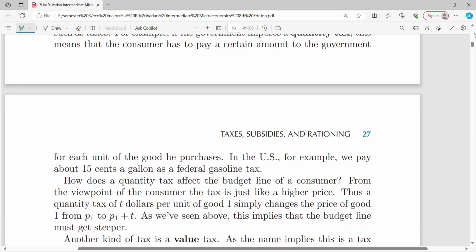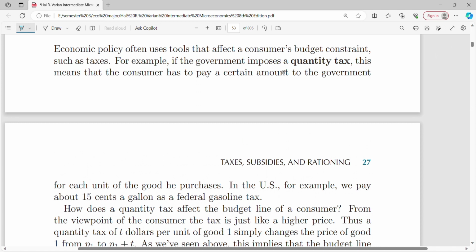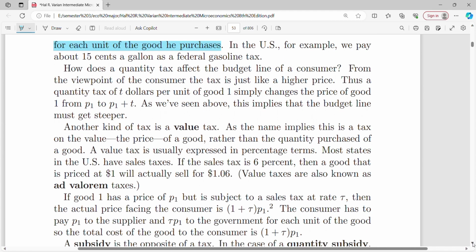So quantity tax. If the government imposes a quantity tax, this means that the consumer has to pay a certain amount to the government for each unit of good he purchases. And how does this affect the budget line of a consumer? As I said before, from the viewpoint of a consumer, tax is just like a higher price.